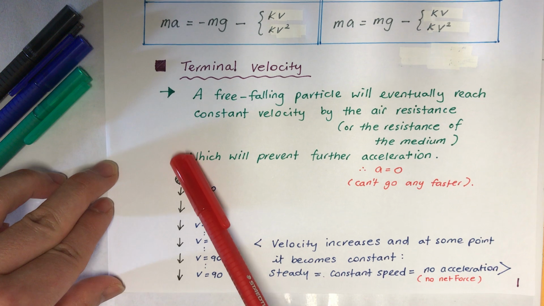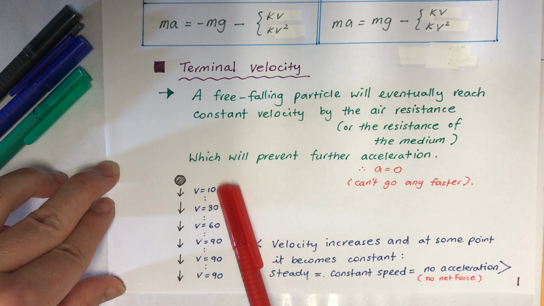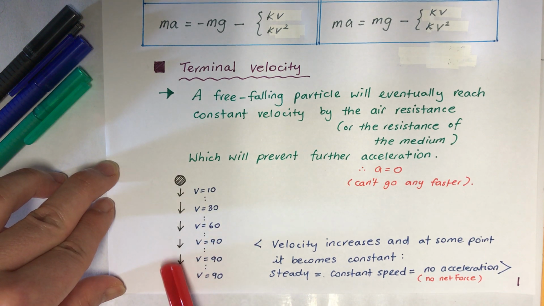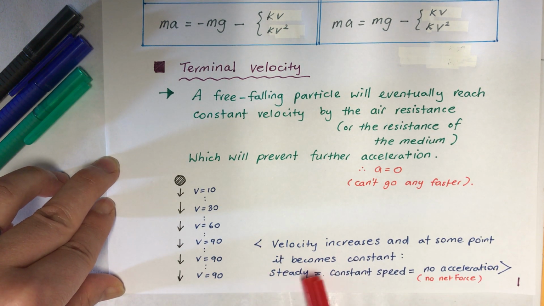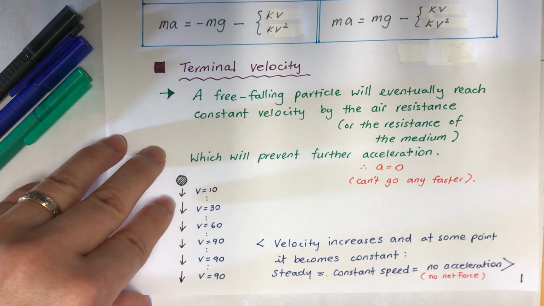For example, for a falling object, the velocity will increase as it falls, but eventually, at some point, it'll stop increasing. It becomes constant, so it becomes steady. That means constant speed, which means no acceleration, so no net force. Okay, so that's what happens.